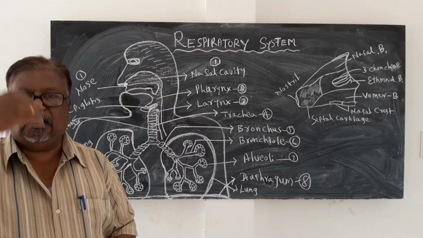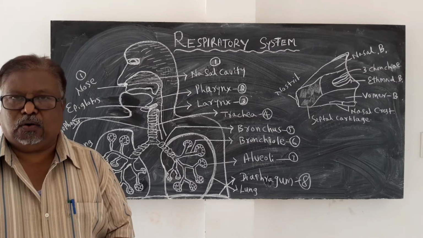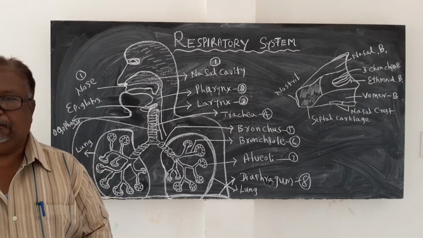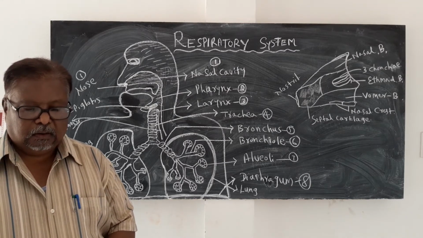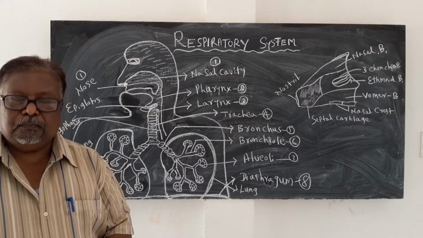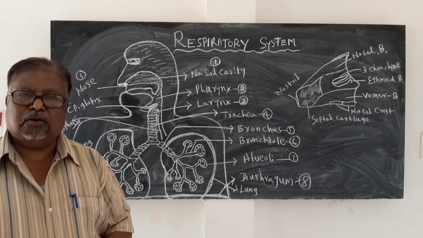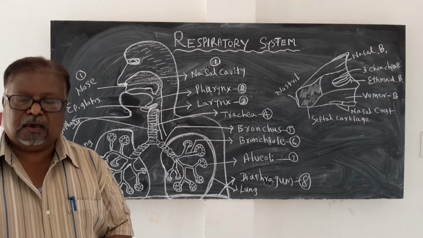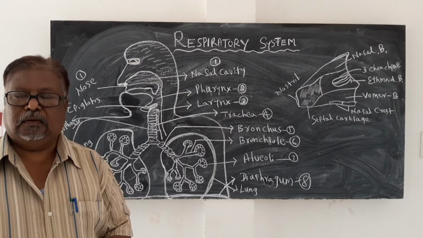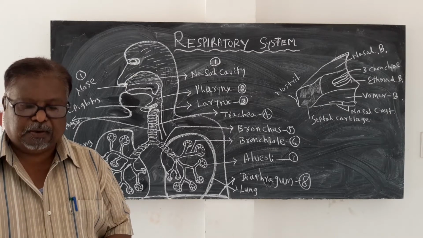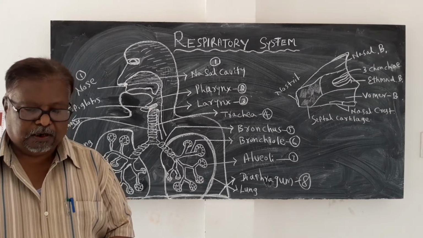The air is taken inside. There are specialized organs, I already told, respiratory organs. These organs absorb the oxygen and supply it to the blood, and this blood goes to different parts of the body. Taking in the air is called inspiration.